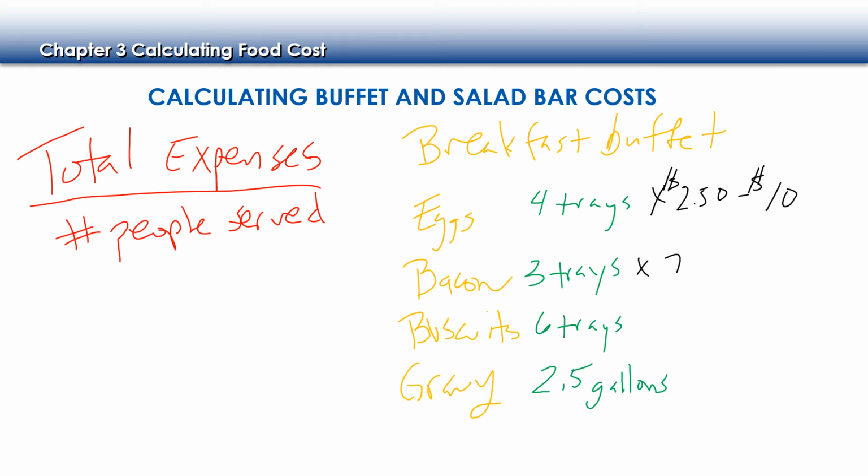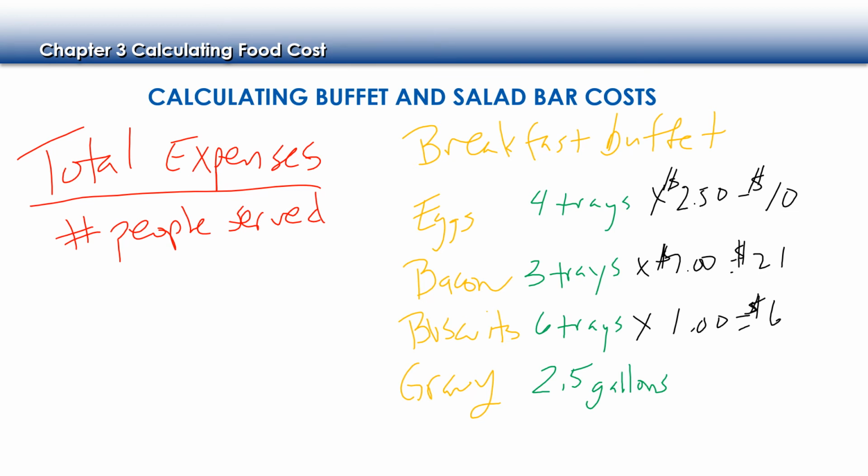Let's say that this cost us $7 for our bacon. And so that's going to be a total of $21, which is to be expected because it's our protein. It's probably the most expensive. And our biscuits are going to be 6 trays of biscuits. Let's say it is $1 per tray. So that's going to give us $6 for biscuits.